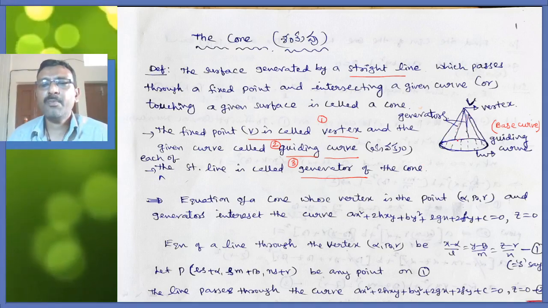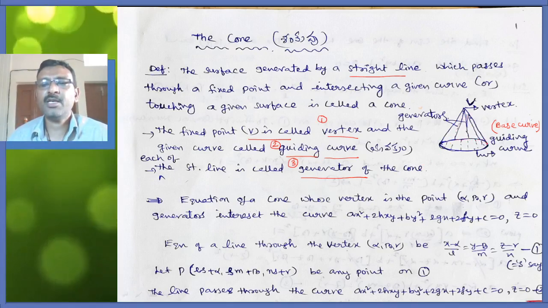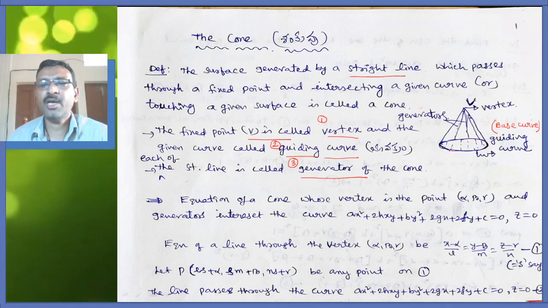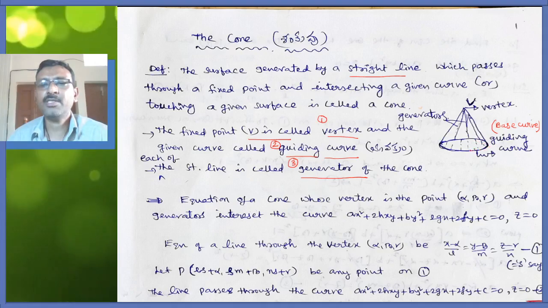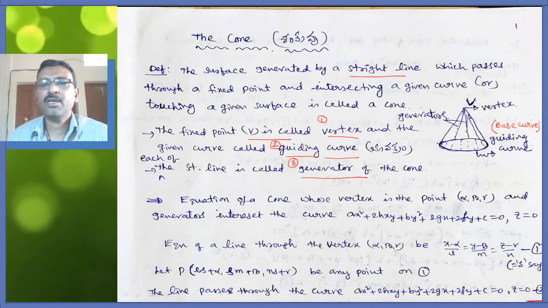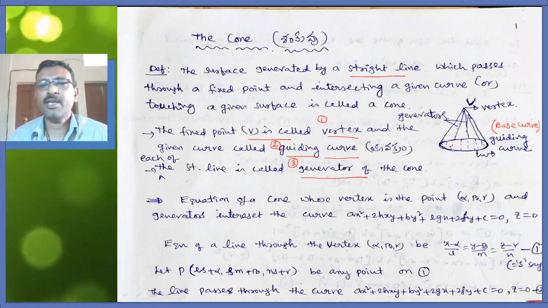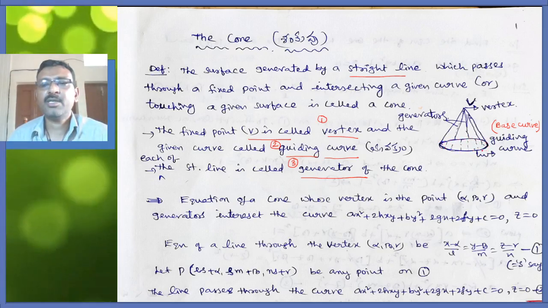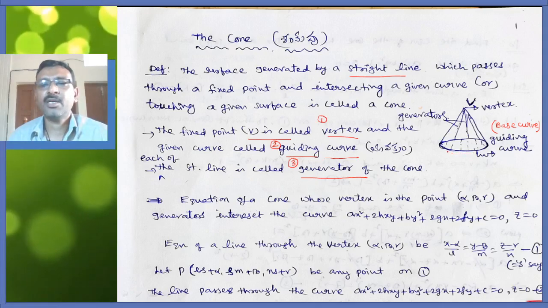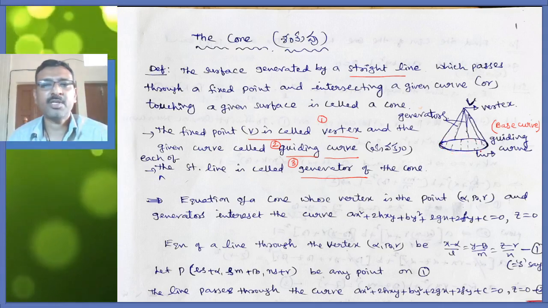Here the guiding curve may not be a circle, it may be an ellipse or some other curve. Generally in daily life, for example a hat has a circular base curve, but it may also be an ellipse or some other curve.